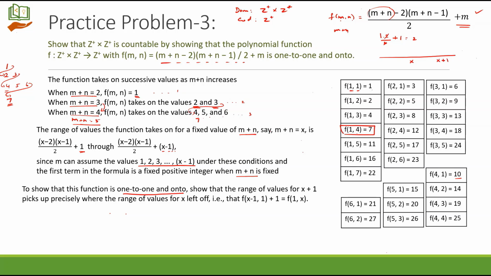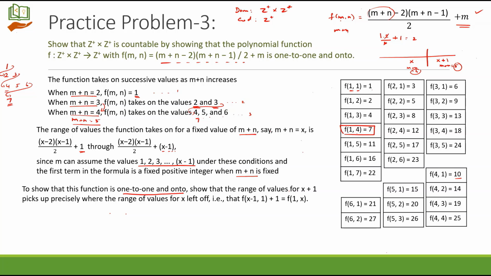Say for example, m plus n equal to 4 and m plus n equal to 5. They are saying we have to prove that the range of values for this particular x plus 1 should pick up where the range of values for x left off.